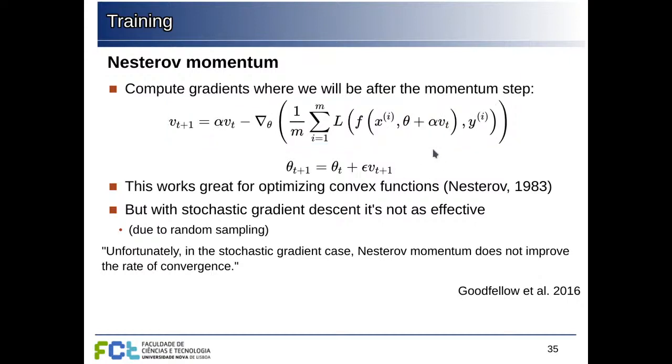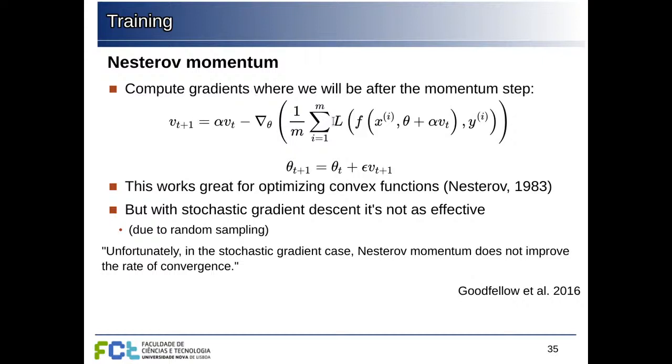So basically, we are looking at the gradient further ahead in our step, and in general, when we are optimizing convex functions, this increases a lot the efficiency of the optimization, because we get better information by looking at approximately where we will be, instead of just looking at where we are, since with momentum we can take fairly large steps.